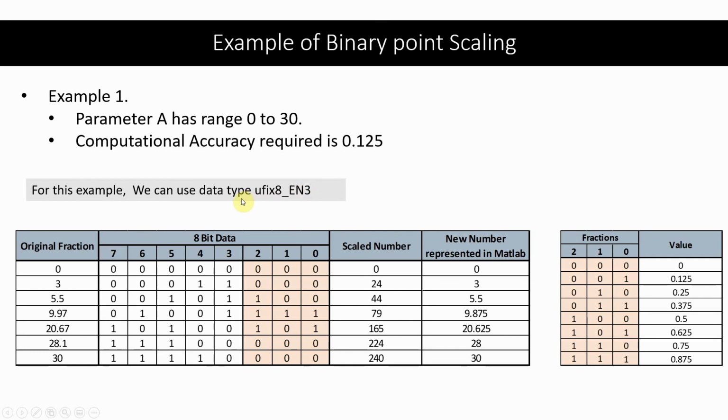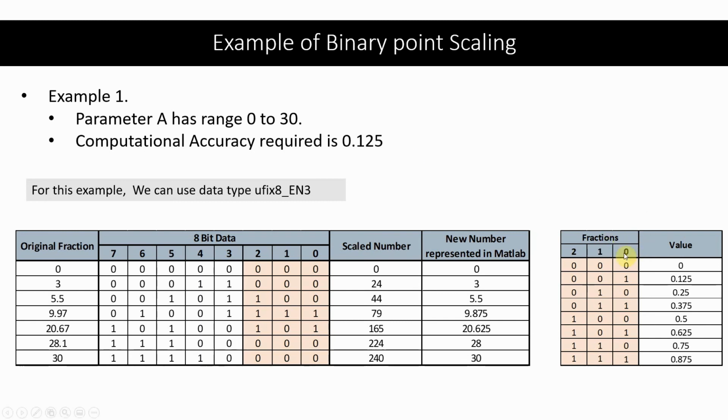So when we scale this data with UFIX8_EN3, 0 is represented as 0, 3 is represented as 24, 5.5 is represented as 44, 9.97 is represented as 79, 20.67 is represented as 165, 28.1 is represented as 224, 30 is represented as 240.